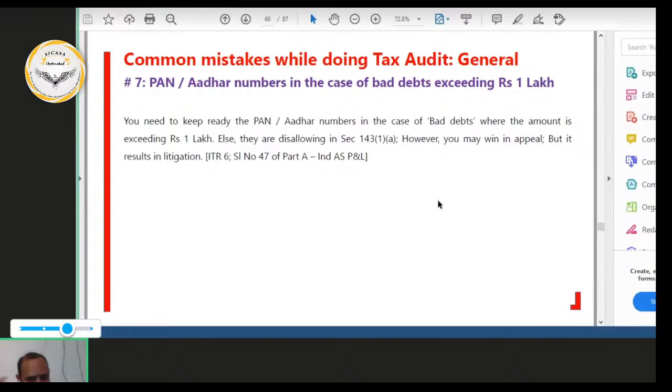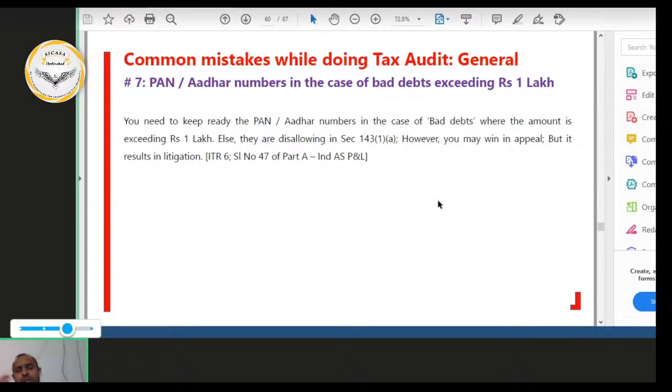Even though 36(1)(vii) and 36(2), all those things have been fulfilled, if the bad debt amount exceeds 1 lakh rupees, you have to quote either the PAN number or, if it is an individual and PAN is not there, the Aadhaar. For companies, partnership firms, etc., generally PAN is there. For individuals, either PAN or Aadhaar you quote. If you are not quoting that, gone.